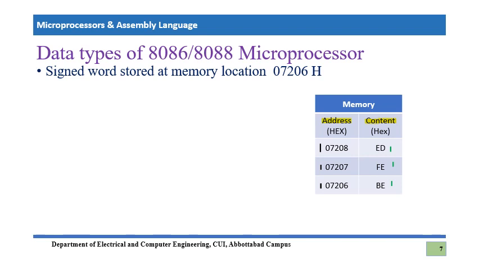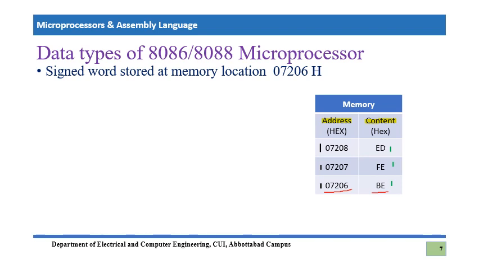What this says: signed word stored at the memory location. We have to find the word which should be signed. Remember, a word should be of 16 bits and it should be signed, which is stored at the location 0706. So if we consider here, this is the location 0706 and the information stored here is BE in hexadecimal.